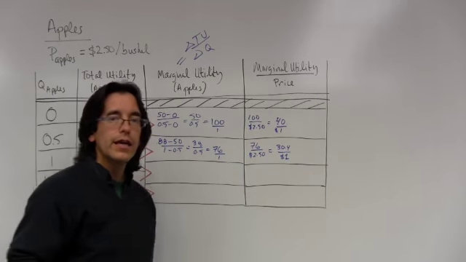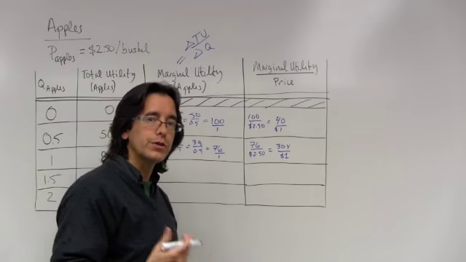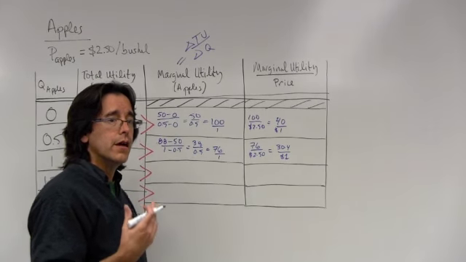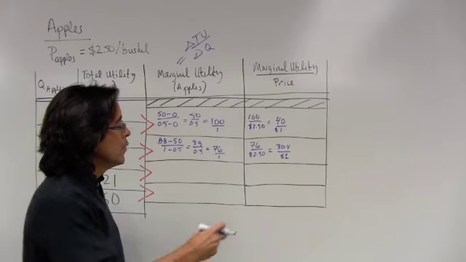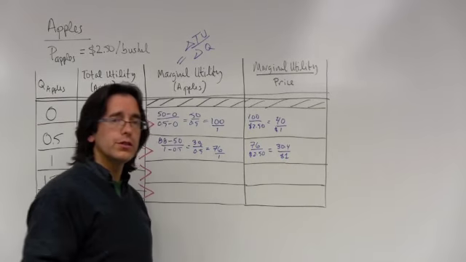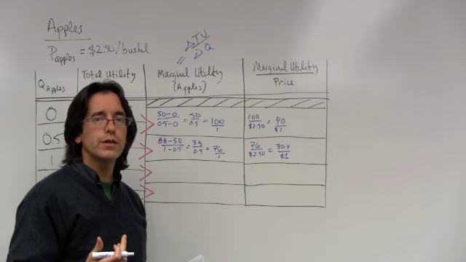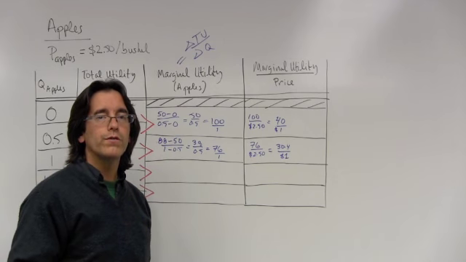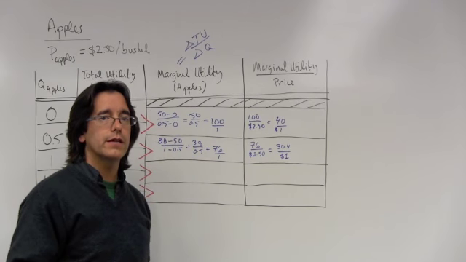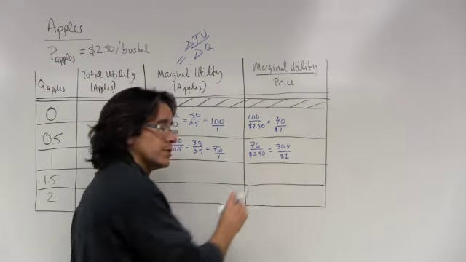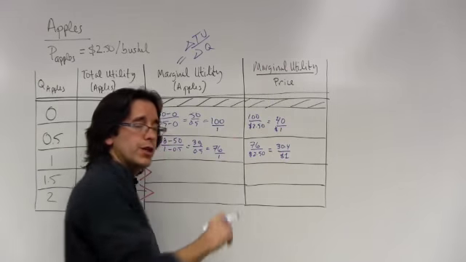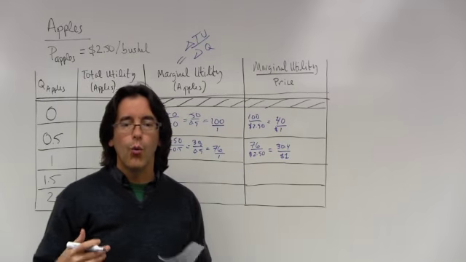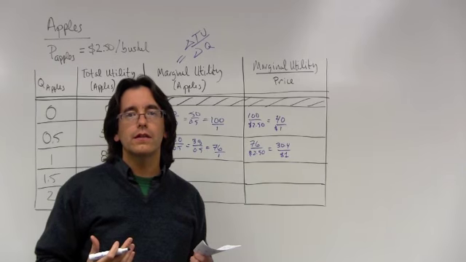This tells us that if we spend an additional dollar on apples, we should see an increase in total utility of 30.4 units. So both these ratios are telling us what we get for spending a dollar.